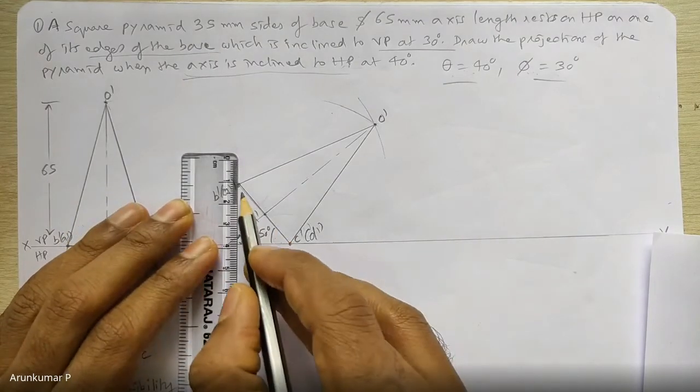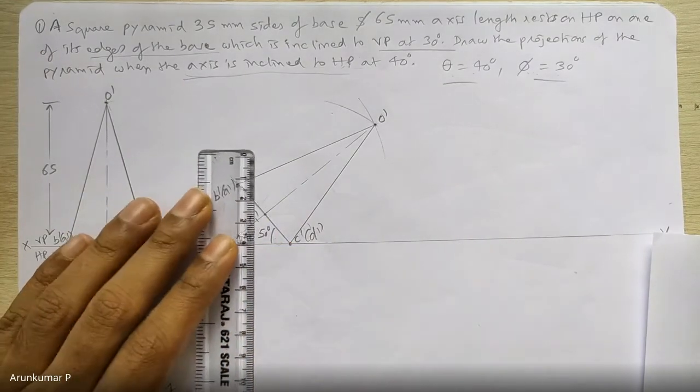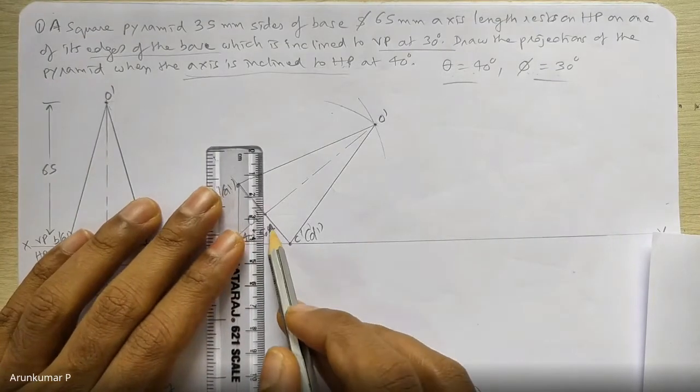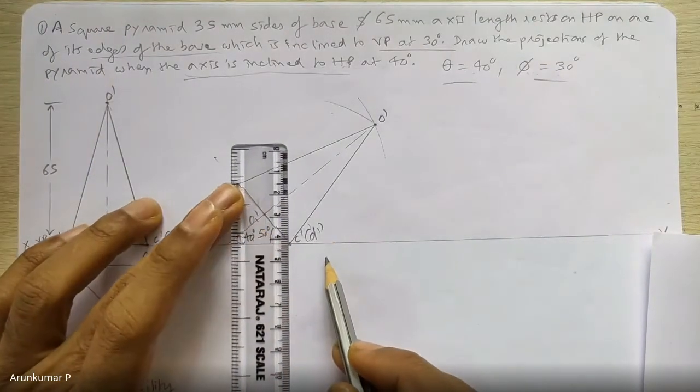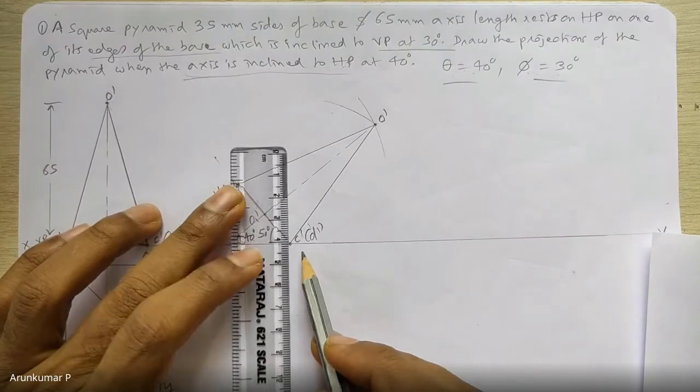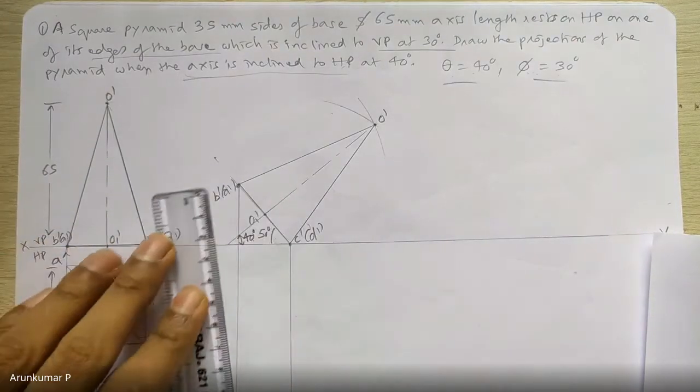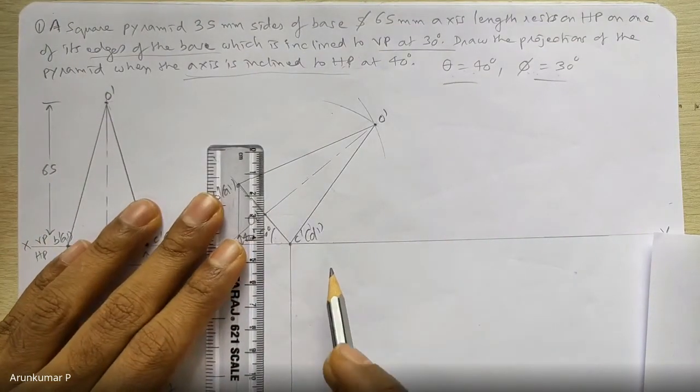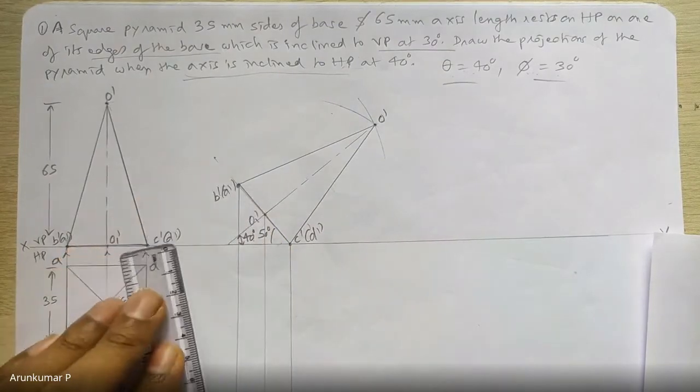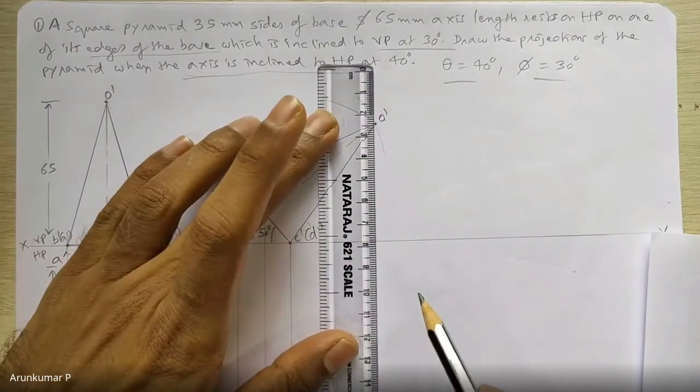There will be 4 vertical projectors: 1, 2, 3, and of course 4.